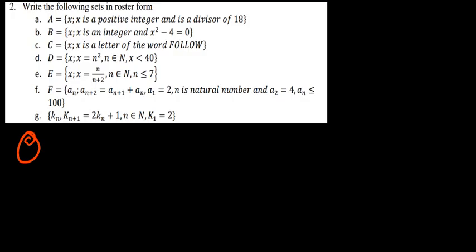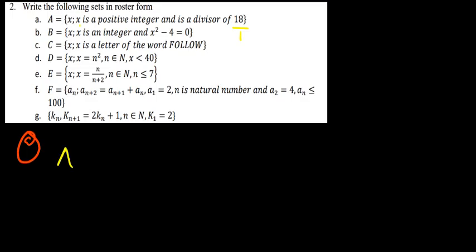So the set A is a set of all x's such that x is a positive integer and is a divisor of 18. So meaning we want to get positive integers that are divisors of 18. So meaning numbers that can divide this 18 here. So how many numbers do we know that are positive numbers and they can divide 18? By dividing we mean without leaving a remainder.